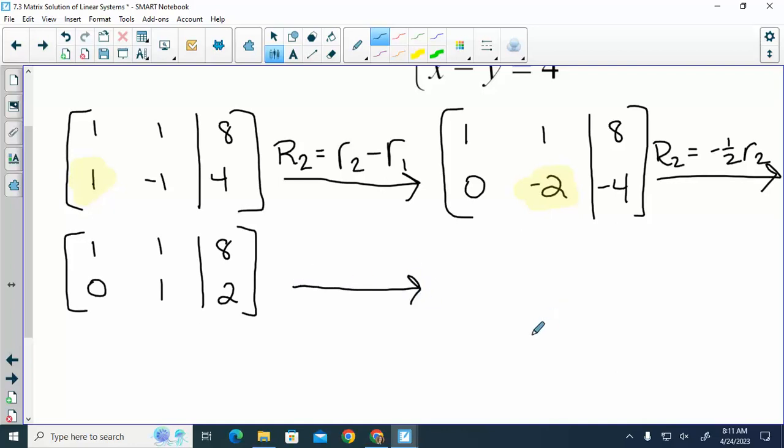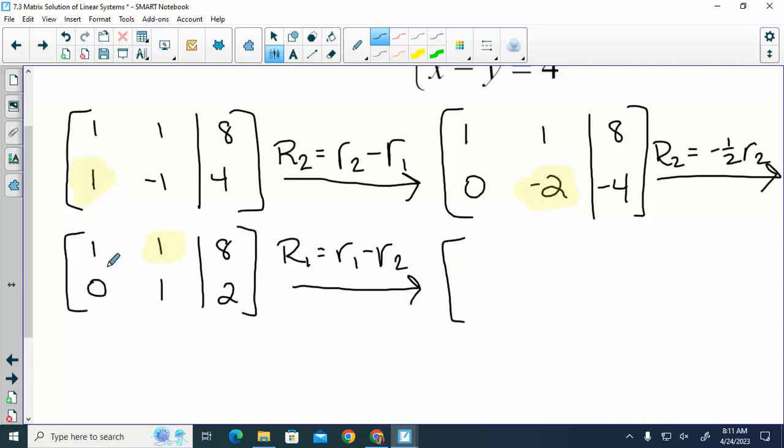All right, am I done? No. We need this number to be a 0. So I am changing row 1. What would you do to get that to be a 0? Okay, subtract row 2.